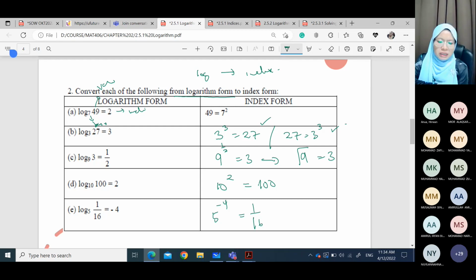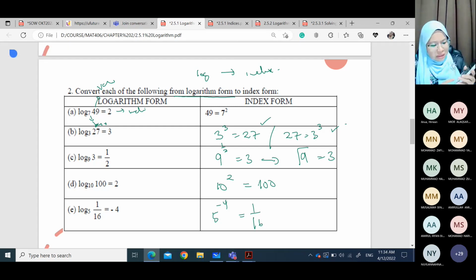So kalau tak sure, you boleh guna calculator. Just type 5 to the power of negative 4 and then press equal. Then you akan dapat 1/625. Kenapa jawapan lain?